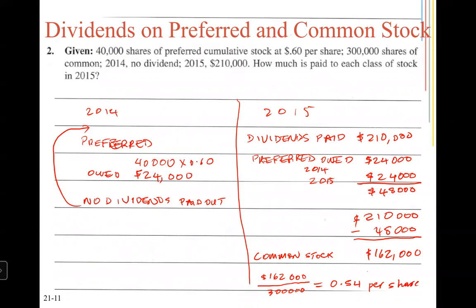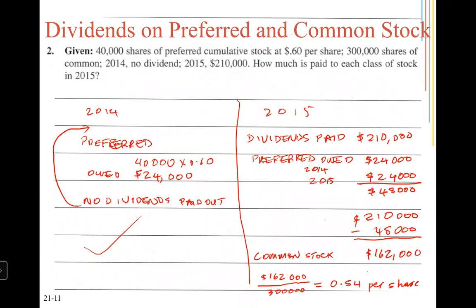So 2014, nothing was paid. In 2015, they paid 210,000, but they owed 24,000 to the preferred shareholders for 2014. In 2015, they have to pay them also for that year. So altogether, they have to take off that 48,000 out of the 210,000, and whatever is left goes to common stock. So in total, the common stock is 162,000.